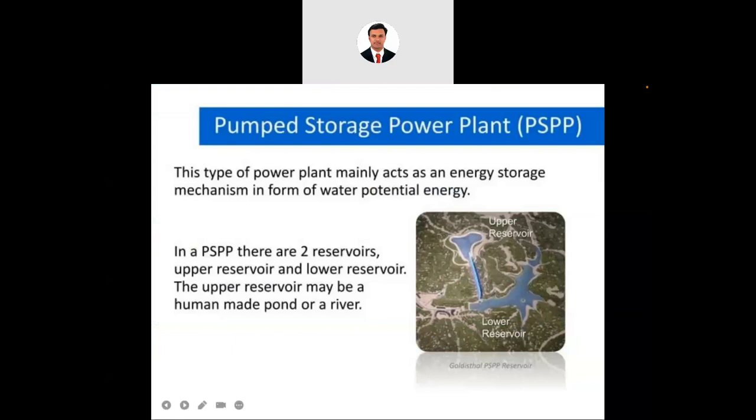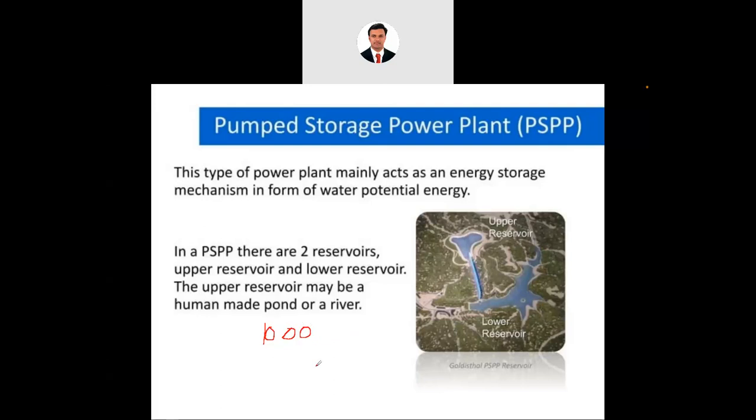If we see any particular power plant, it will produce some energy or some power. Consider one hydroelectric power plant with a rating of nearly 1000 megawatts. Let us consider it is producing 1000 megawatts.